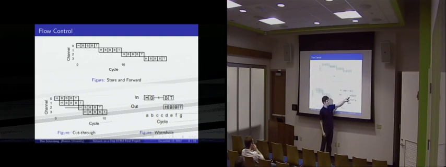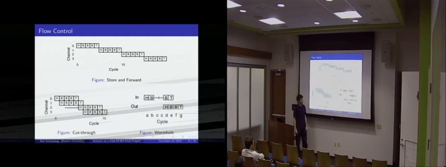As soon as I do have space to send downstream, I'll send them out and receive more pieces of the packet. The value of wormhole routing is that I need much less space to buffer. I only really need enough space for 1 flit here, whereas I need more here. These both have the nice property that without congestion, you're not paying the cost of the length of the packet for every hop.